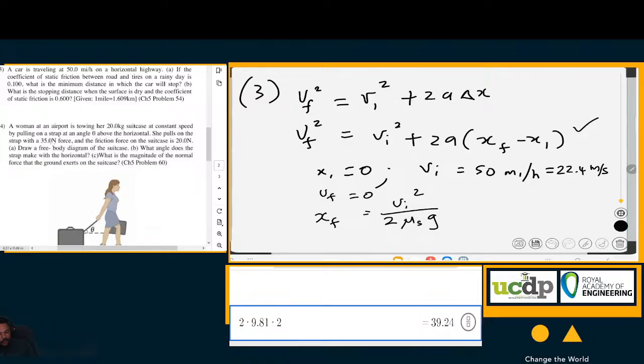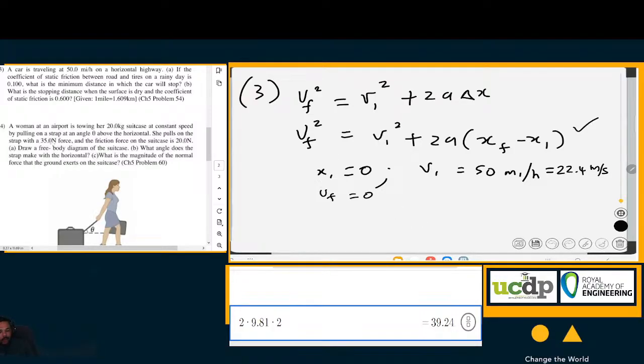Here, V initial. We also know that V initial squared is equal to, remember this is now 0. Let me rewrite this formula.